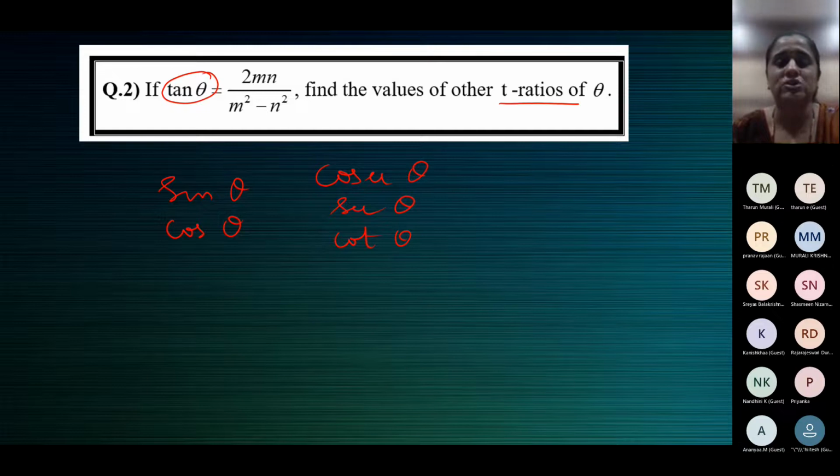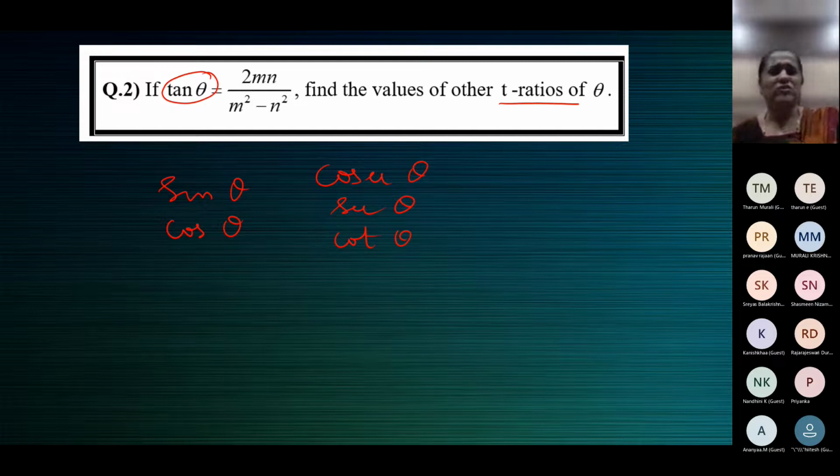So tan theta is equal to 2mn by m square minus n square is given to you. Using this, you should find sine theta, cos theta, cosecant theta, secant theta, and cot theta.